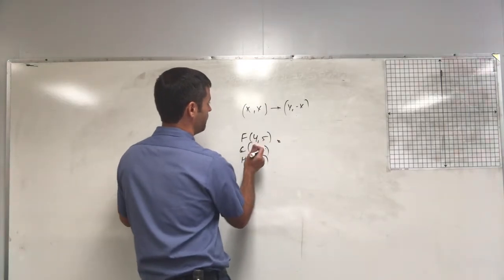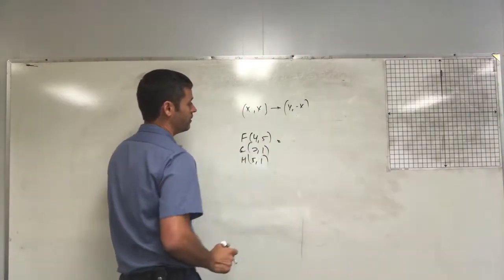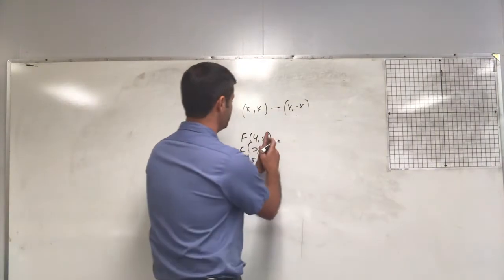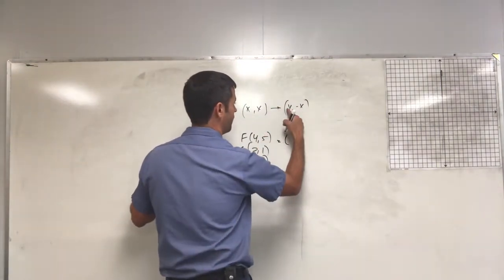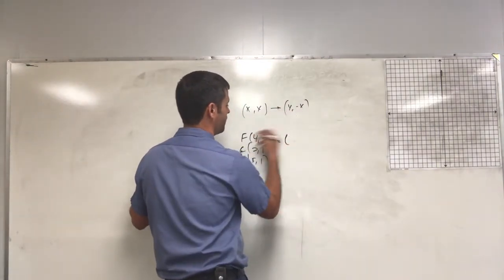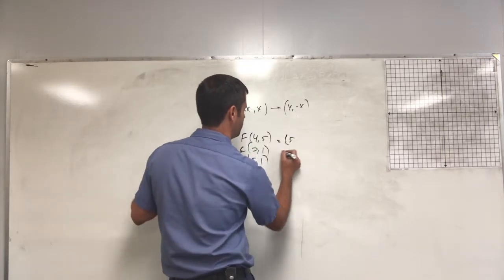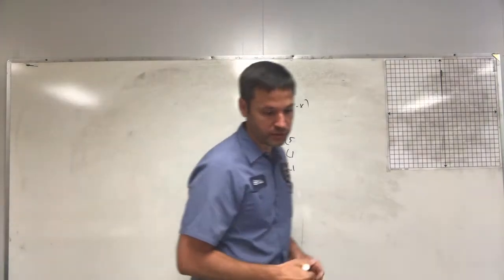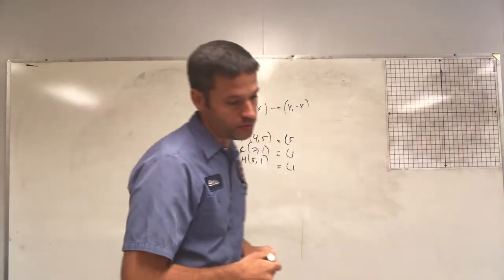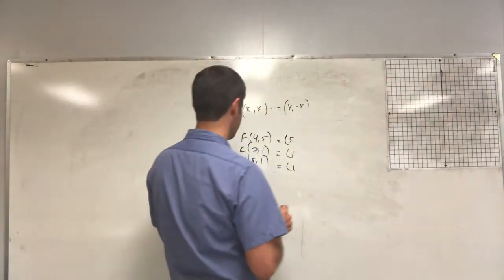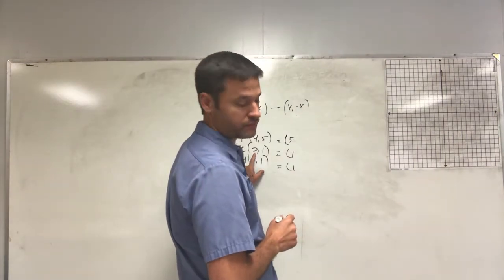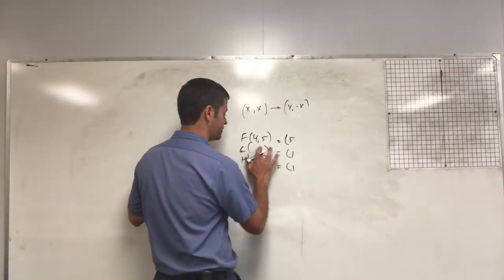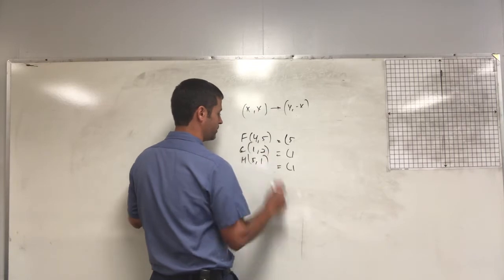You simply move the y shifts over and becomes the new x, so the old y becomes the new x. So this is 5, and you can do this quickly. This is 1, and this is 1. Is that what I said? No, I have these switched. So this needs to be switched. That's why it didn't make sense, and you all probably saw that.